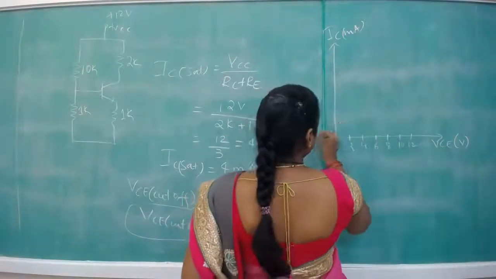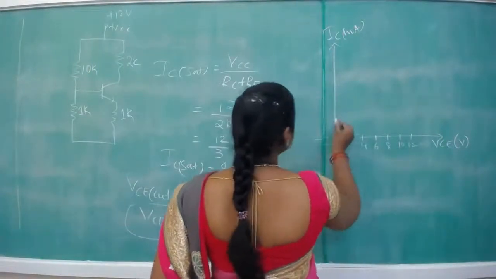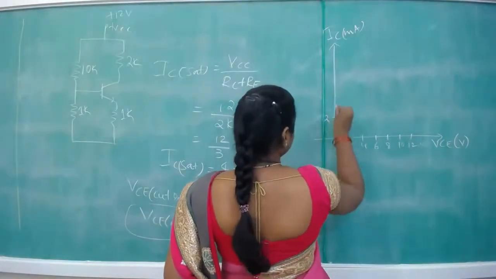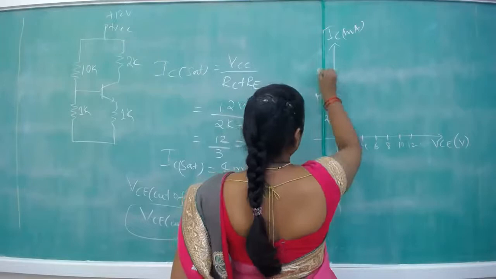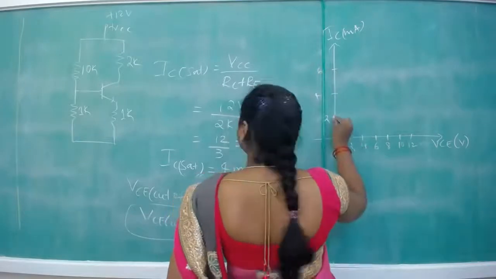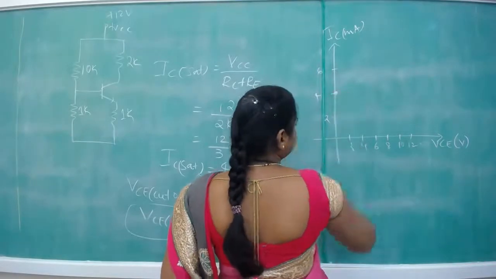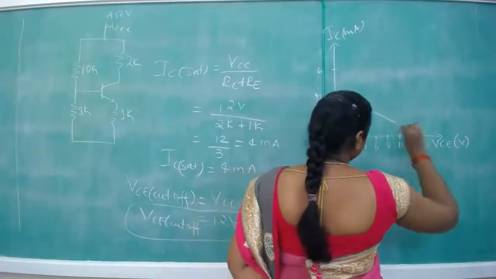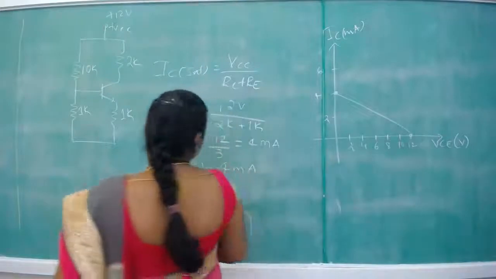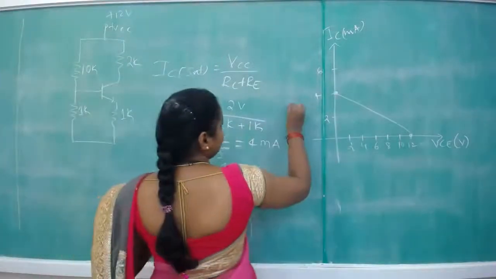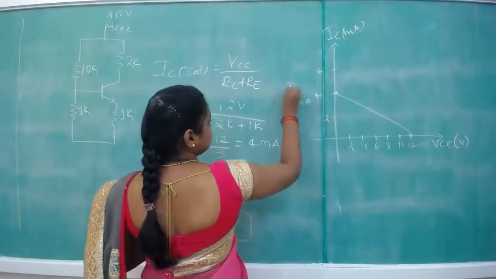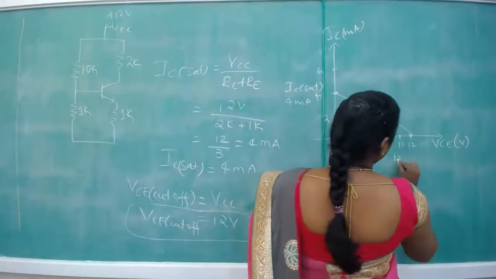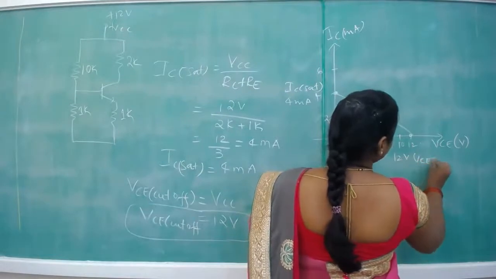Here we are taking again larger steps of 2, 4, 6 in terms of milli. So this is the 4 milli and this is 12 volts. This is the DC load line, joining the two endpoints, 4 milliampere IC SAT and 12 volts VCE cutoff.